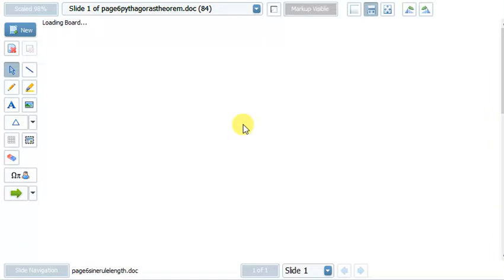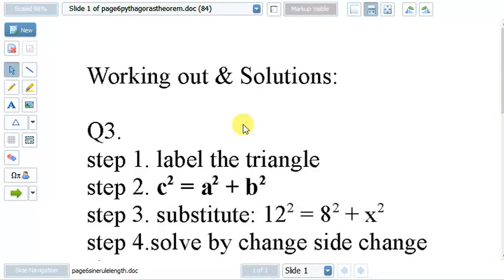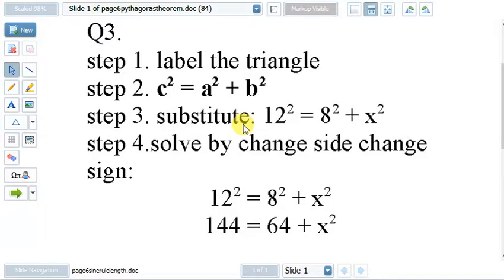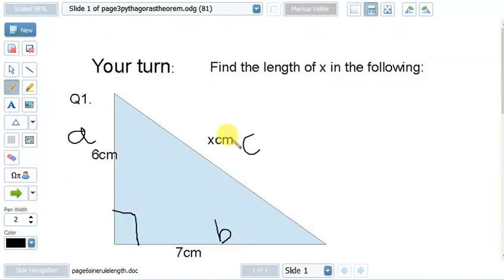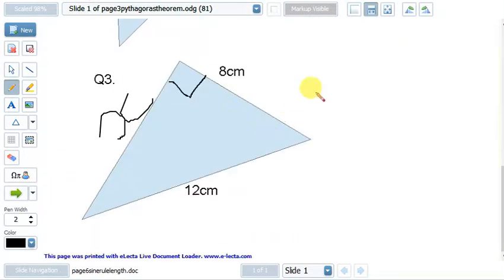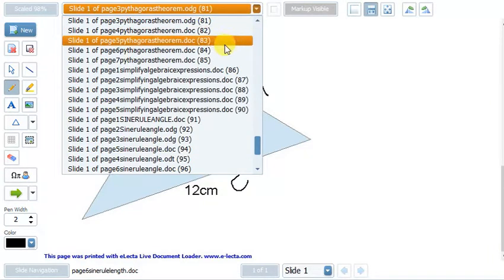Next one. So this is slide 6 now, and what we've got again is another one where we know the hypotenuse, which is the C. So let's have a look at question 3 and how we're going to label. So the side opposite the right angle is C, and we're going to call that A, that side there A, and this one here B. Now again, A and B can be flipped around, but I'm just going to label it like that.